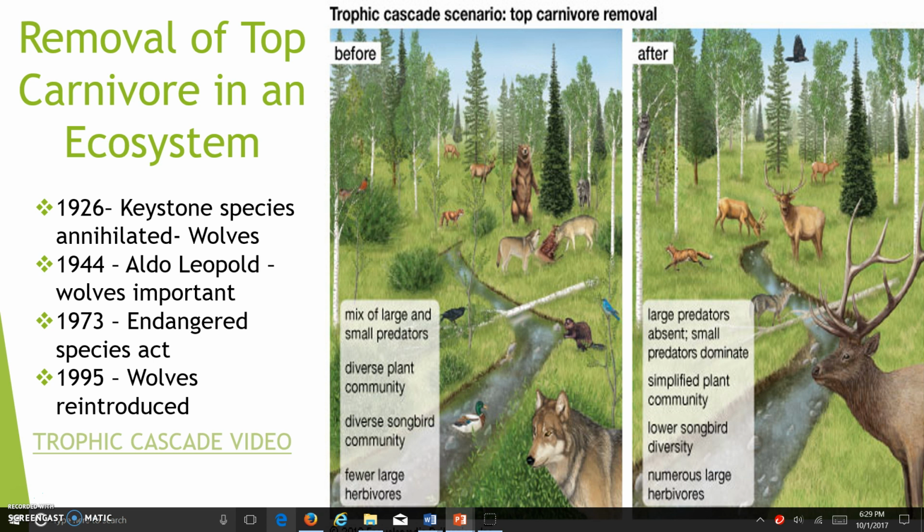In 1944, Aldo Leopold, a conservationist, forester, philosopher, educator, writer, environmental activist, and journalist, campaigned for the preservation of wildlife and wilderness areas. He felt that wolves were important, and the loss of the wolf from the ecosystem was going to have a ripple effect onto other species as well.